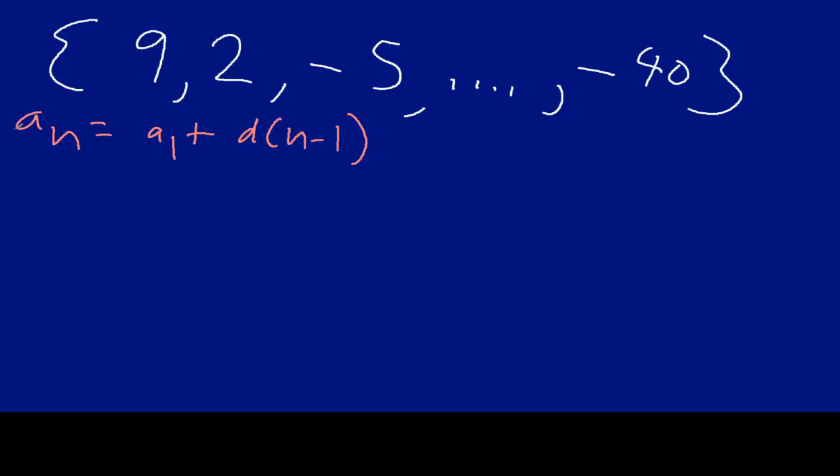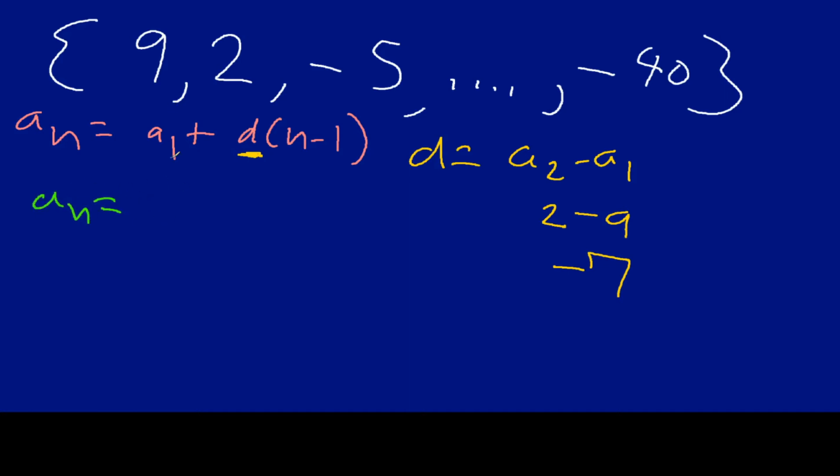First thing we have to figure out is our difference. To do that, we just take two consecutive terms. I've already talked about this. d equals a2 minus a1. For our situation, that's 2 minus 9, so our difference is -7. There's nothing surprising there. Now we plug this into our original equation. a sub n equals 9 minus 7 times n minus 1.